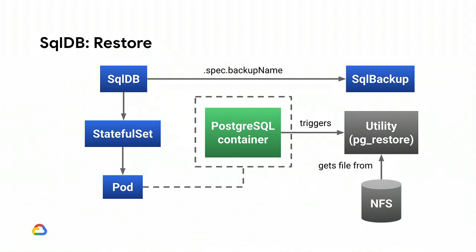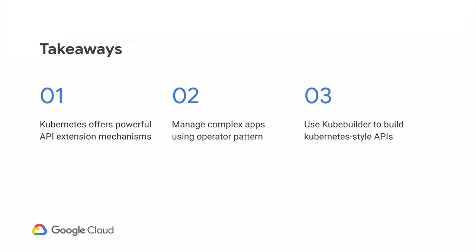Using the backup file name, the SqlDB controller is able to fetch the correct backup file from the underlying network file system and then call the restore utility to perform the restoration. In the end, a new cluster will be created, and the cluster will be loaded with the backup data. And Sunil will show us all the workflows through a demo.